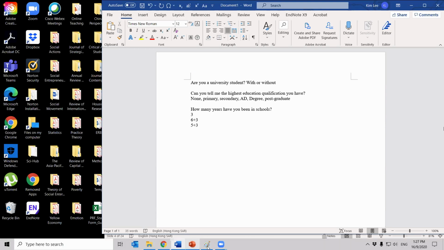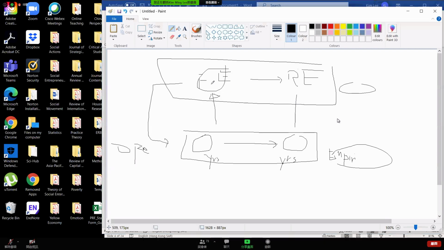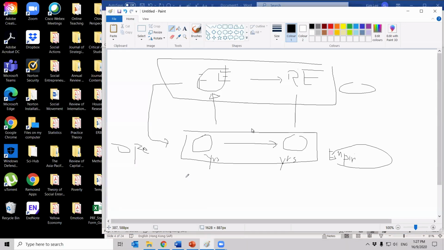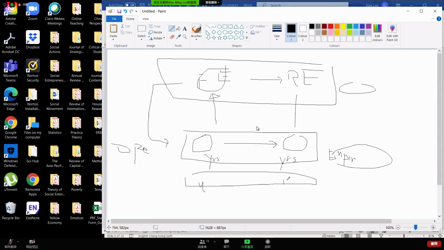In that case, this theoretical statement, father's educational level affects respondent's educational level. We can ask years of education. We can have another empirical statement asking, was your father a university student? And are you a university student? So this is the first operationalization.